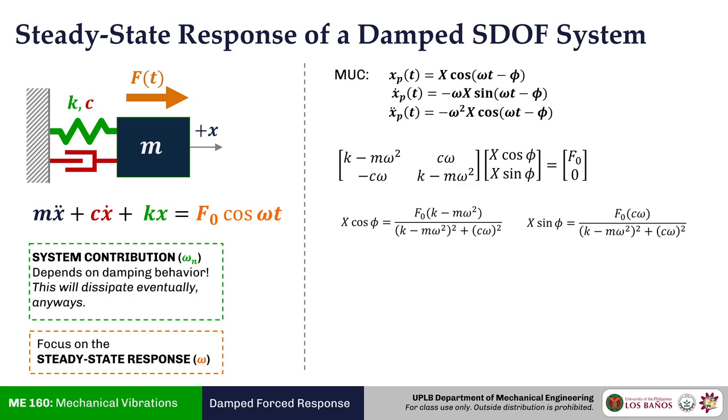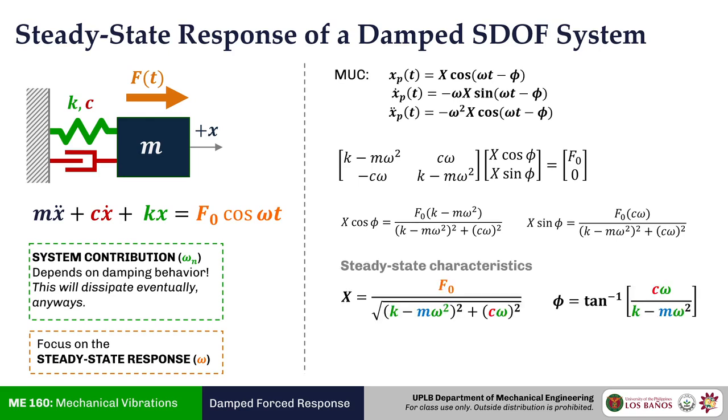Now, to get x, kailangan lang natin i-add yung squares ng x cosine phi and x sine phi and then square root them afterwards. Now, that process is left up to you to confirm. Pero, yung formula ng ating steady state amplitude x under damping will be something like this. And yung phase angle natin for our steady state response is now this.